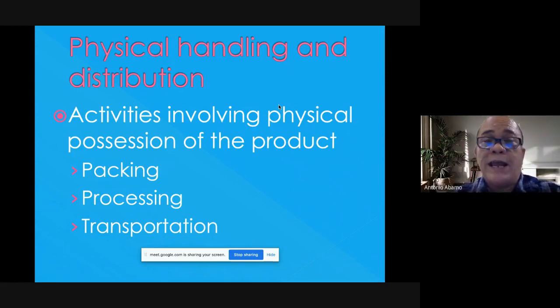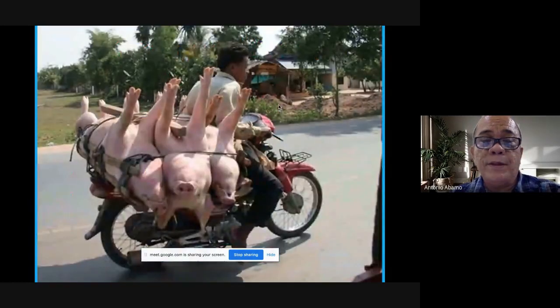That's physical handling, simply doing something to the product in order to add more value to it.